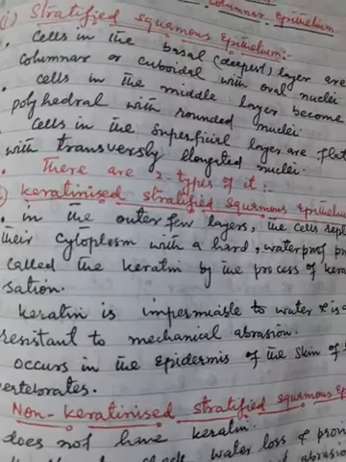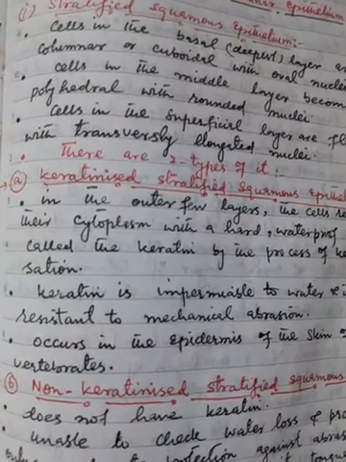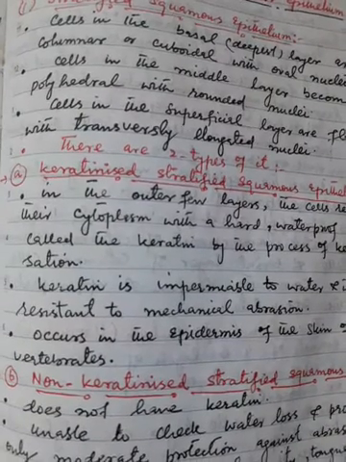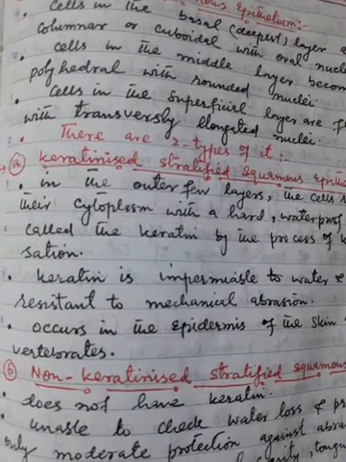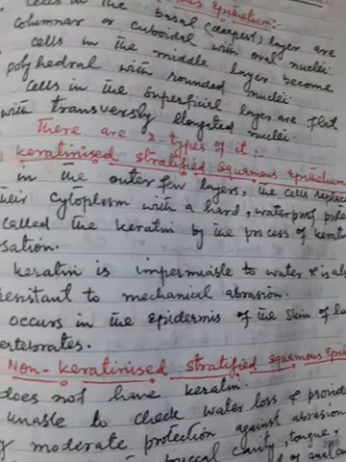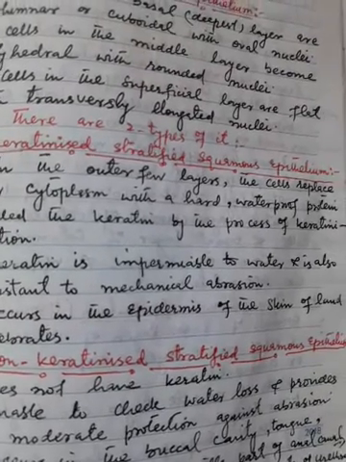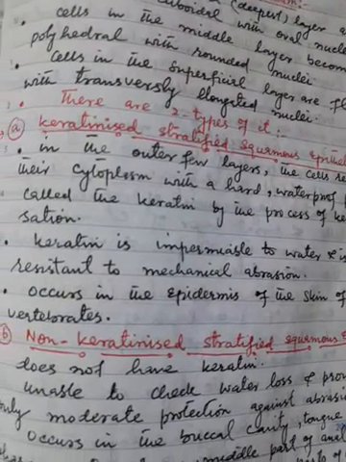Now, second type, non-keratinized stratified squamous epithelium. It does not have keratin. This tissue is unable to check water loss and provides only moderate protection against abrasion.